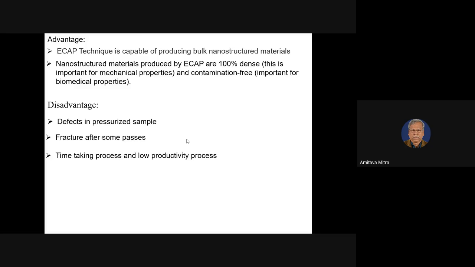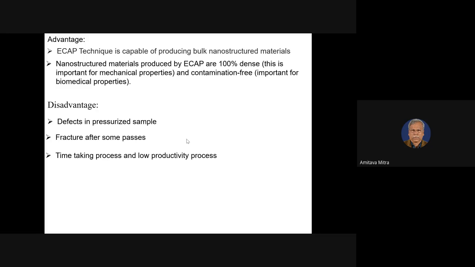What is an advantage of ECAP? The ECAP technique is capable of producing bulk nanostructured materials. That is one advantage. What is the other advantage? The nanostructured materials produced by ECAP are 100% dense. That is very, very important. Density does not change with this process.